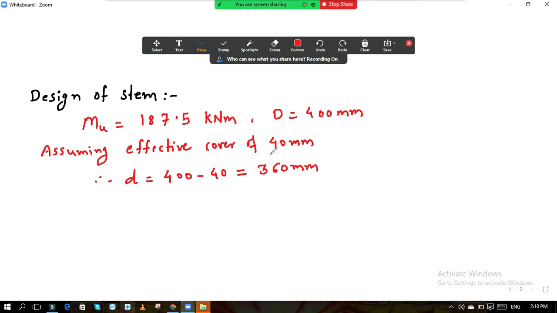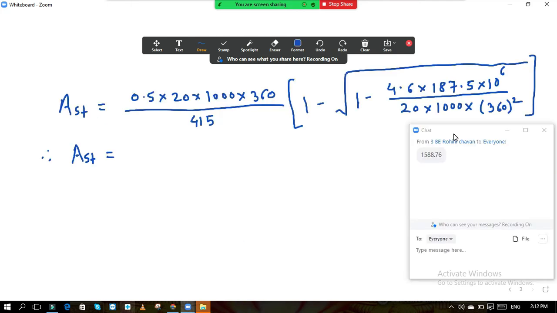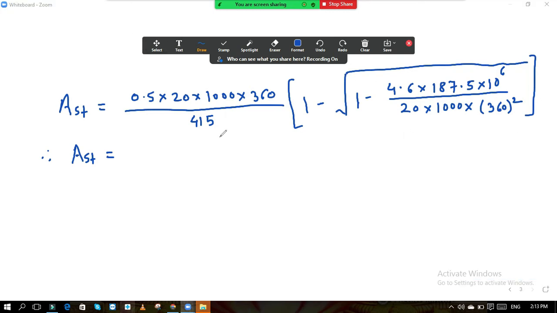So now calculate the area of steel. So AST is equal to, you know this formula, copy down this and let me know the answer. The answer is 1588.76 mm square. This is the area. Now provide 16 mm diameter bars and calculate the number of bars.